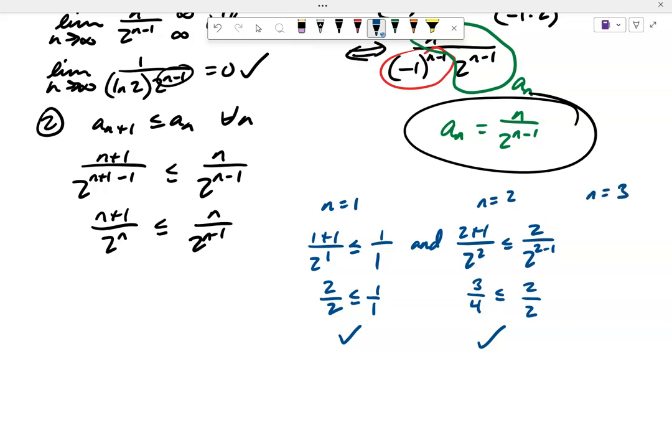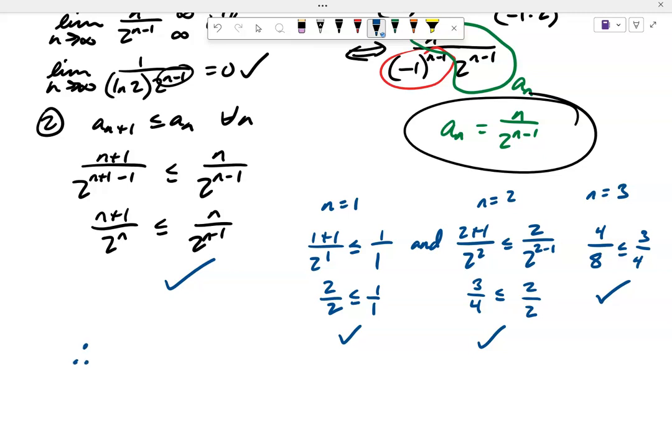For n equals 3, I have 3 plus 1, so 4 over 2 cubed, which is 8, less than or equal to 3 over 2 squared, which is 4. Is 1/2 less than or equal to 3/4? Yes, and so on, right? You can see you can keep going with this. So by inductive reasoning, that's going to be true as well.